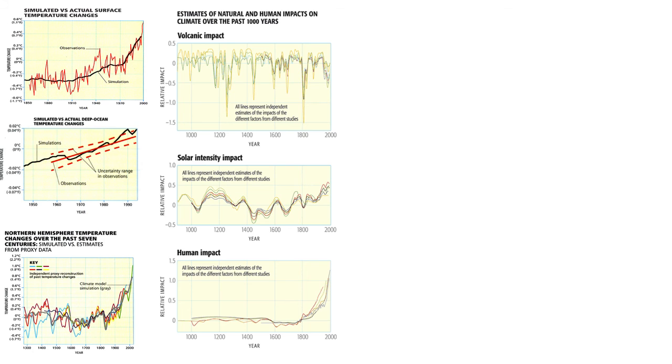Radiative forcing means heating radiations. These estimates are used to drive the climate model simulations of the past millennium, separated into volcanic impact on the top, solar intensity impact in the middle, and human impact on the bottom. These are the various radiative forcings.